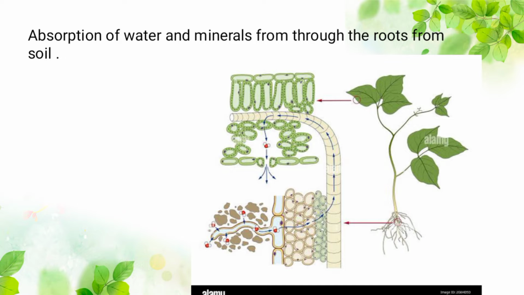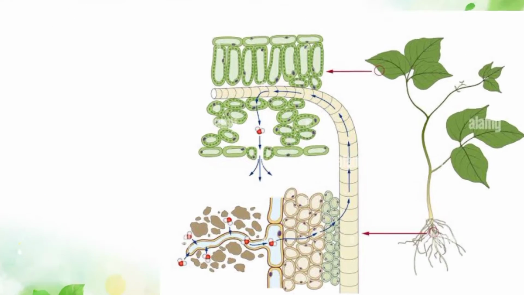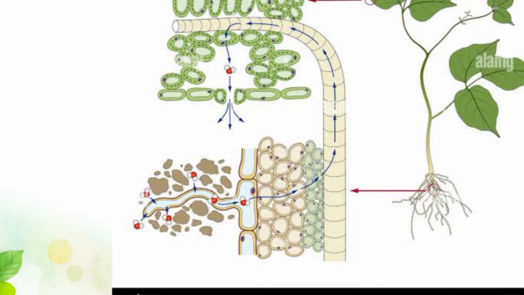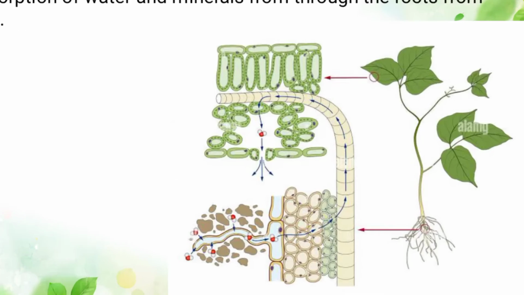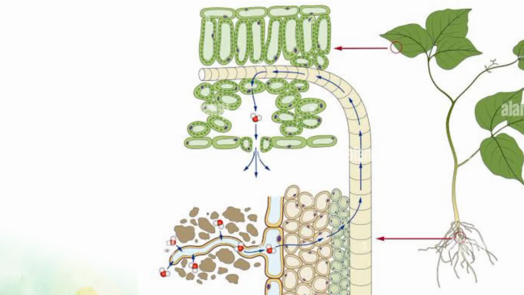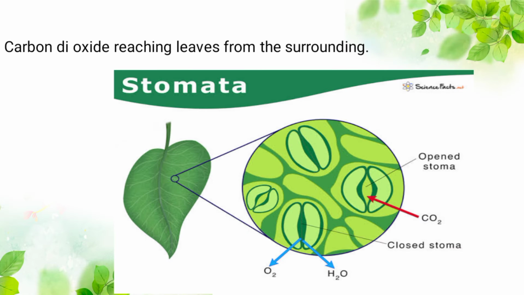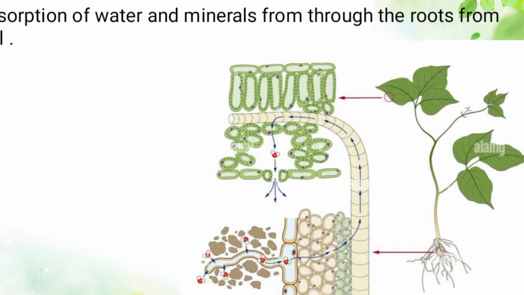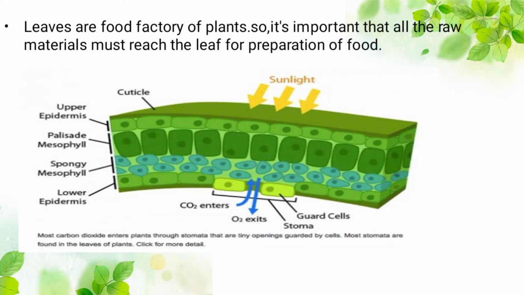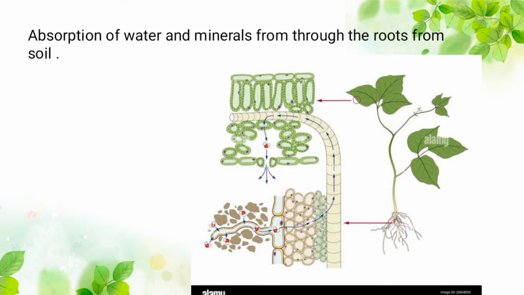Now you can see here the brown colored thing present in the surrounding, where we find the roots. Here in the soil you see the red dots, that is the water and the minerals.